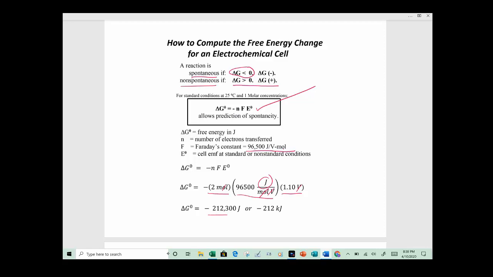We end up with minus 212,300 joules, or minus 212 kilojoules. It's negative, so it's a spontaneous change. When E0 for a cell is positive, that means that delta G is negative and the reaction is spontaneous.